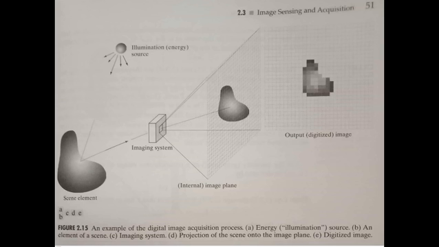Whenever the light falls on this scene or the object, the light gets reflected and it will be captured by the imaging system, and the object will be formed in the array sensor. Since this is the output of the sensor, this is analog in nature or continuous in nature. We need to convert this into digital. This will be done by using two methods: one is sampling and the other is quantization.